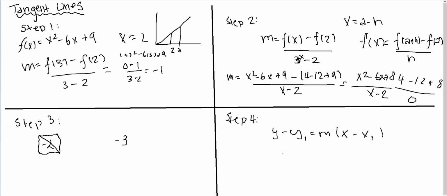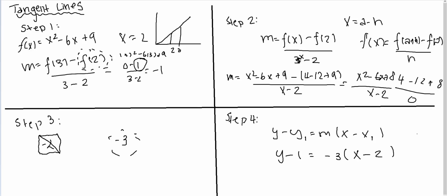And we already did this when we were dealing with f of 2. That is the original function's point at x equals 2, and we were given the value 1. So y minus 1 is equal to our slope of tangent, negative 3 times x minus 2.